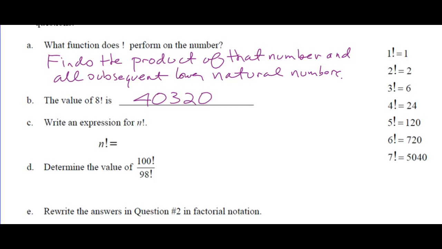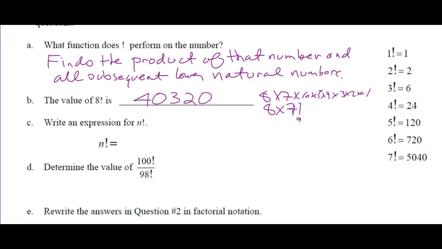So if I get tired of writing, I just stop and throw down an exclamation point, so I'm done, right? 8 factorial is 8 times 7. But I'm lazy, and you already told me what this was in your little chart there. So I'm just going to write 8 times 7 factorial.